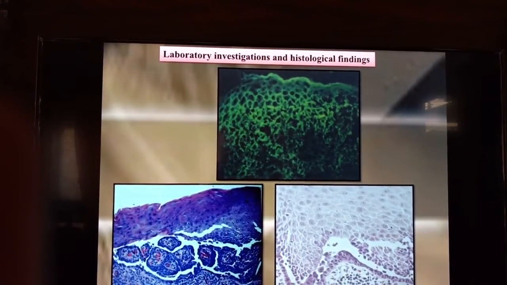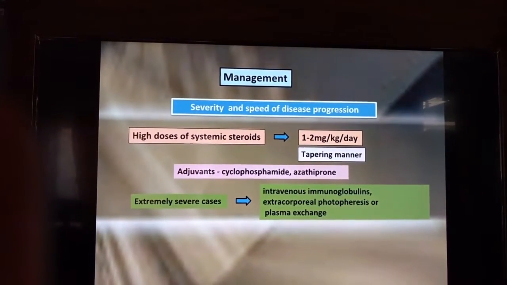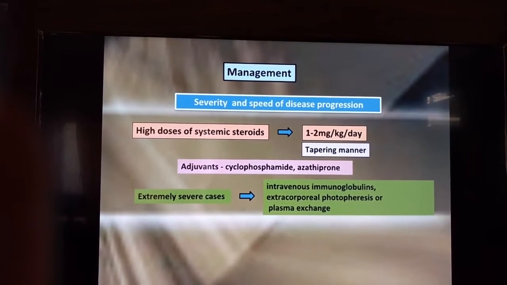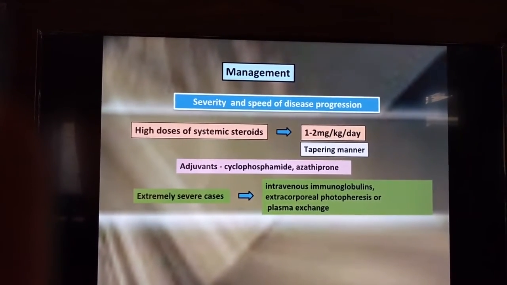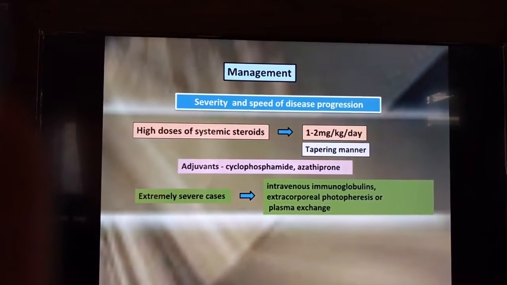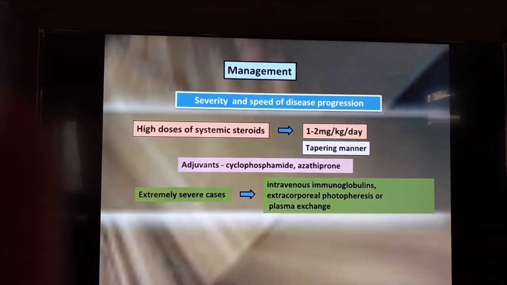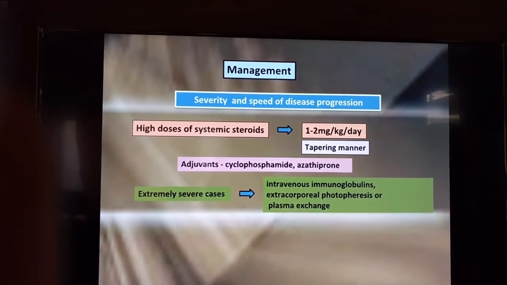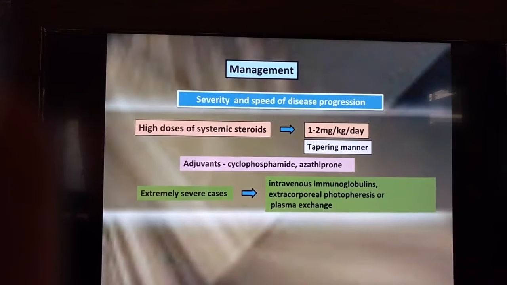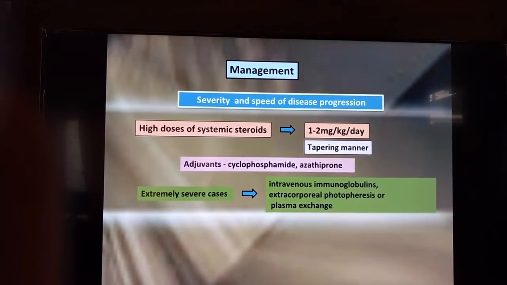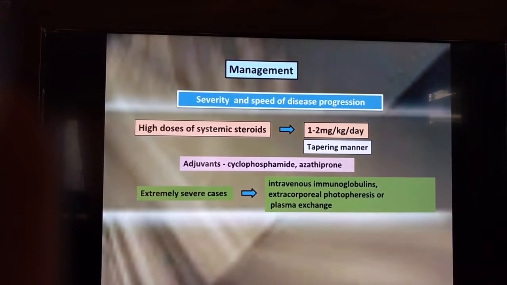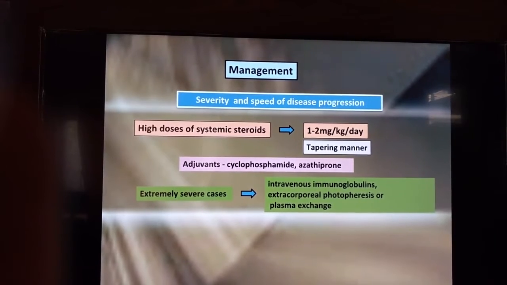Management is by giving the patient prednisolone and immunosuppressive drugs, which could be helpful for the skin lesions. You can see how the lesions can manifest on the tongue, and finally, it's supposed to be a very, very dangerous condition.